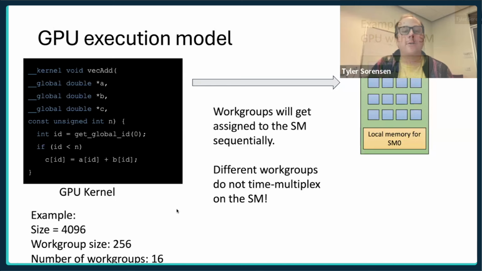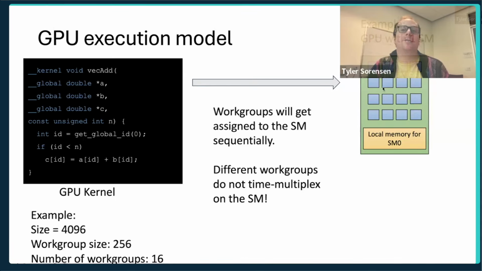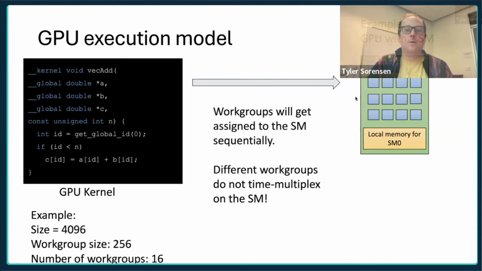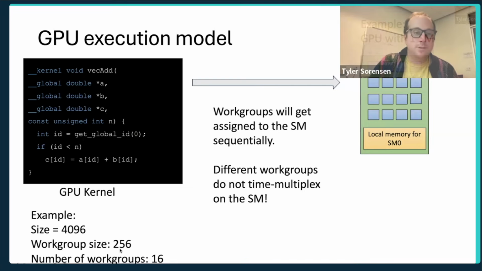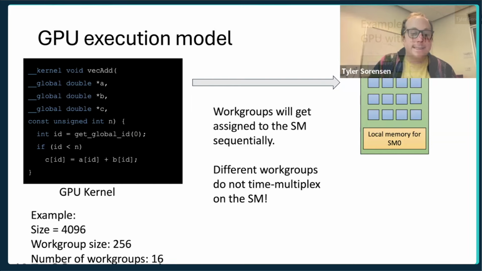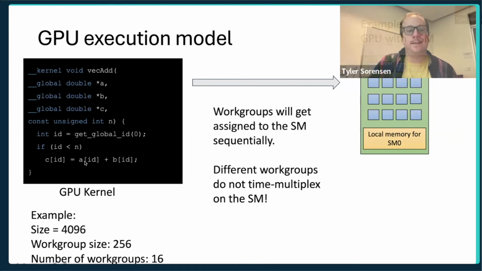So now if we think about how this GPU kernel gets mapped to the GPU hardware. For example, if we have a GPU with one SM, you compile this, it gets put on the GPU. If we had a size of 4096, typically a work group size is something around 256. That means we'd need 16 work groups to make sure we had one thread per item in the vector.